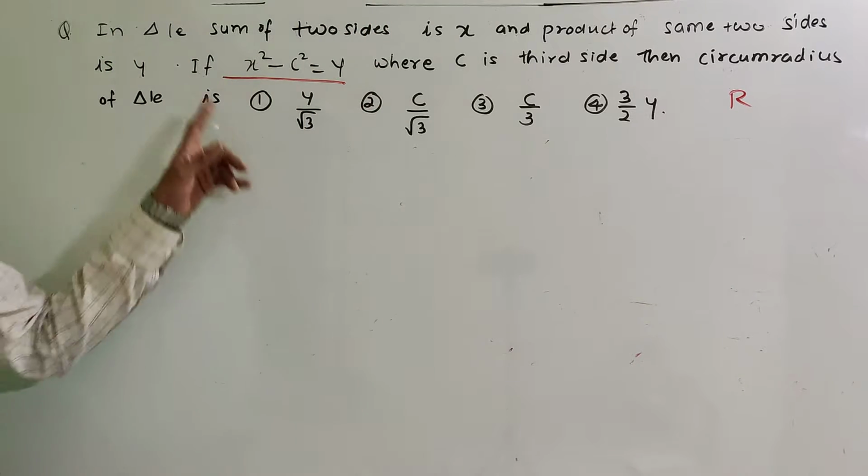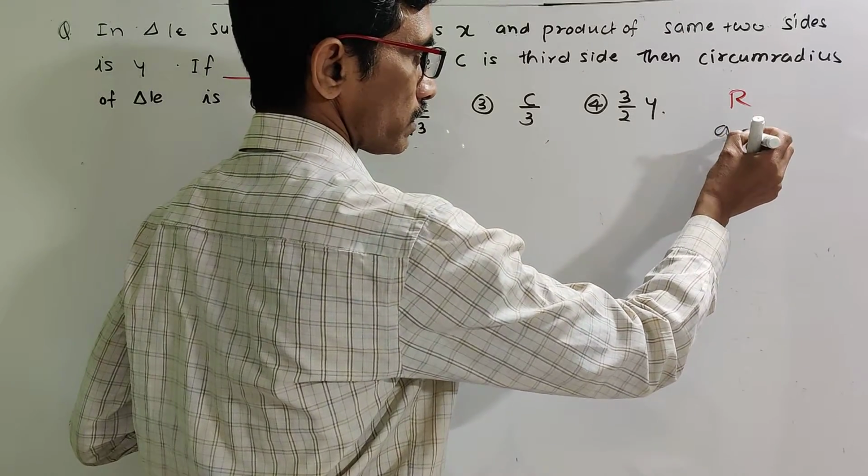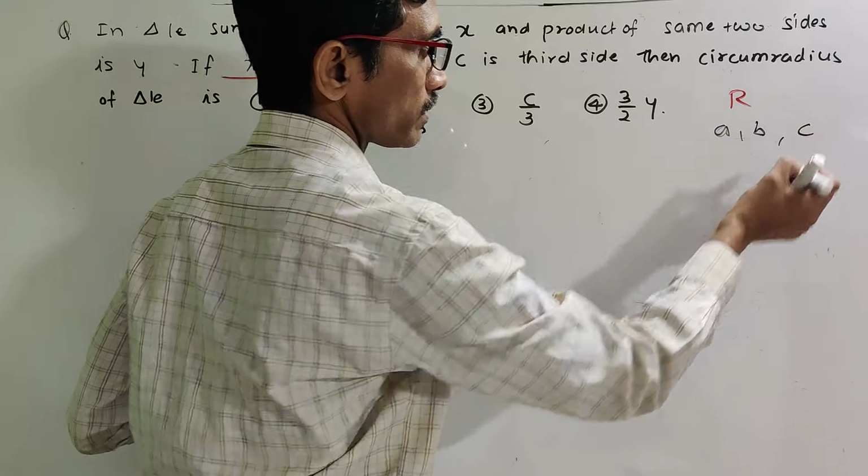Given the sum of two sides, we'll take those sides as a and b, and the third side is already given as c.